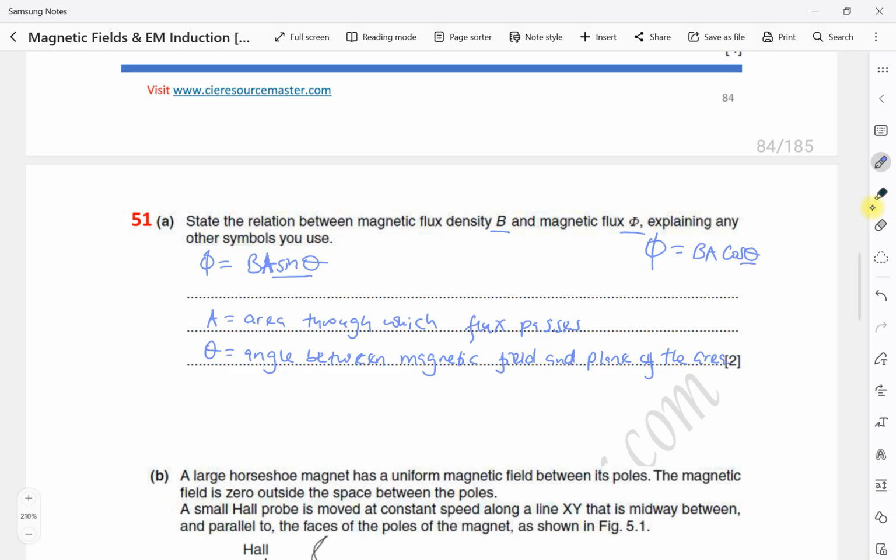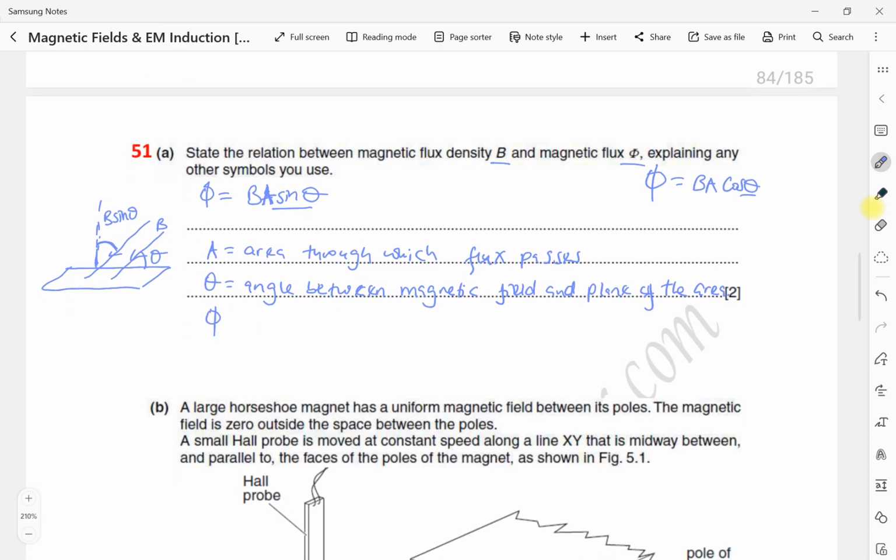But since I've used BA sin theta, theta is the angle between the magnetic field and the plane of the area. So if this is the plane of the area, and let's say the magnetic field is in this direction here, so the angle is theta. When I resolve it to the vertical, because we always need it to the vertical, this will be B sin theta. So if I was to take this angle here, it would be B cos theta.